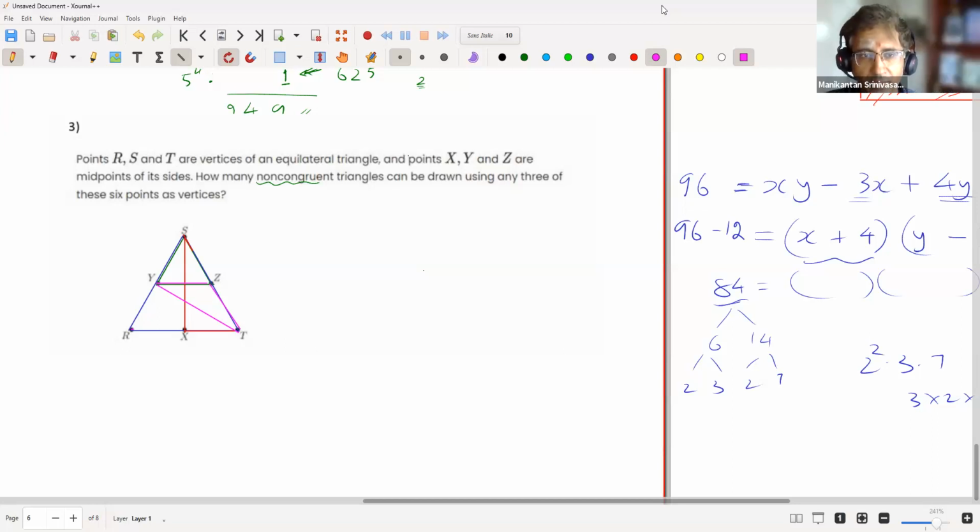I've drawn a green, a blue, a red, a pink. Anything outside of this that you counted, Snigdha, since your count was higher? I think I counted RXZ.